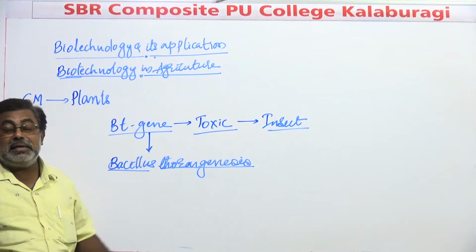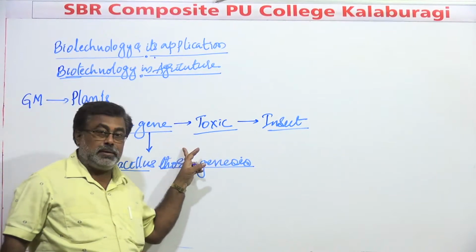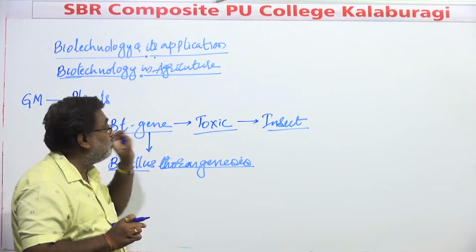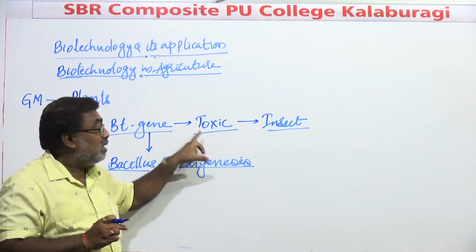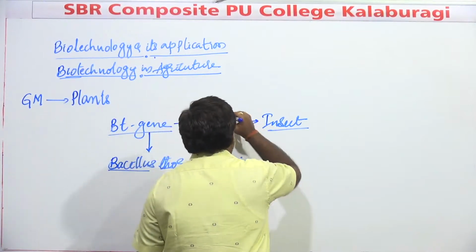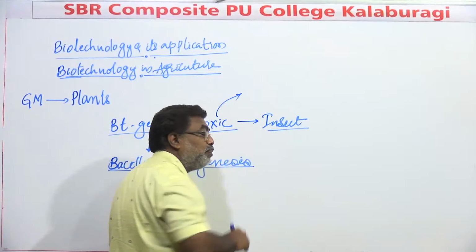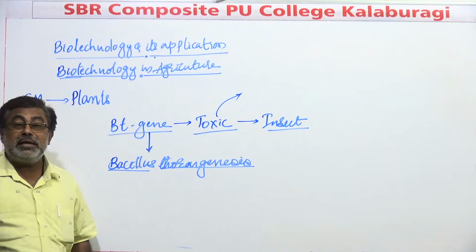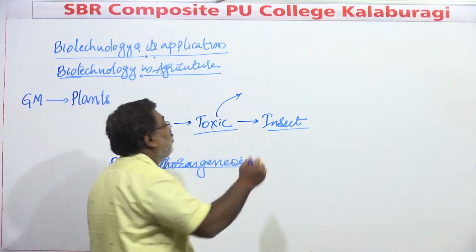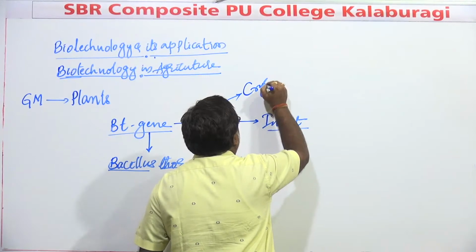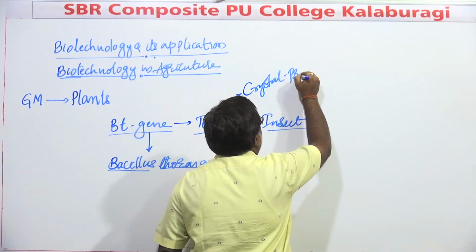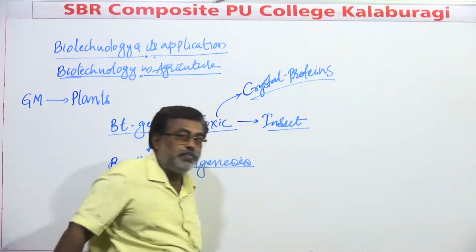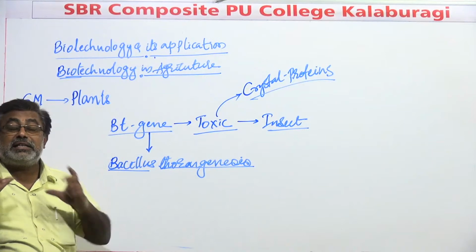This toxic substance will be produced inside the plant in the form of crystal proteins.